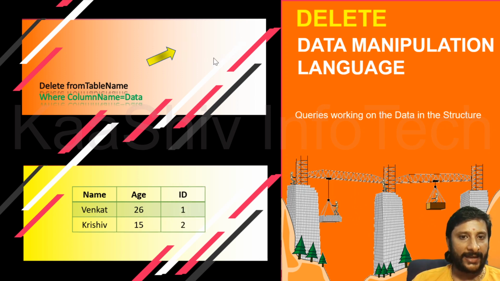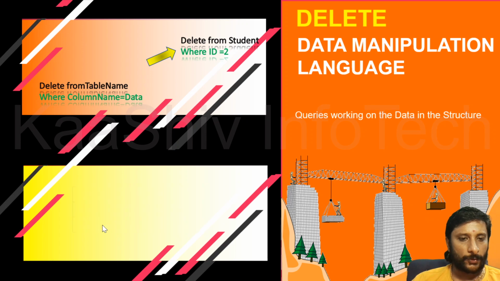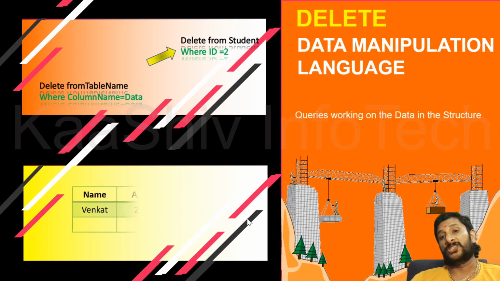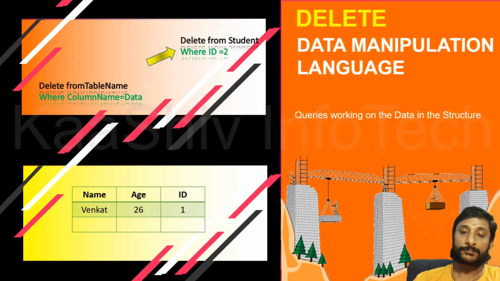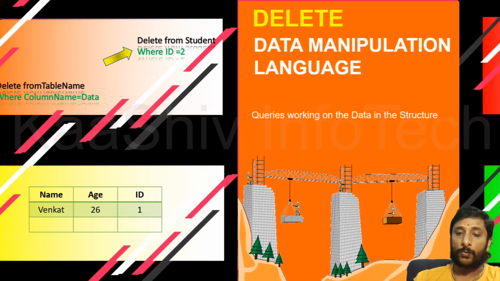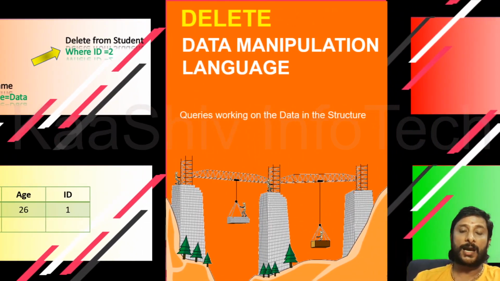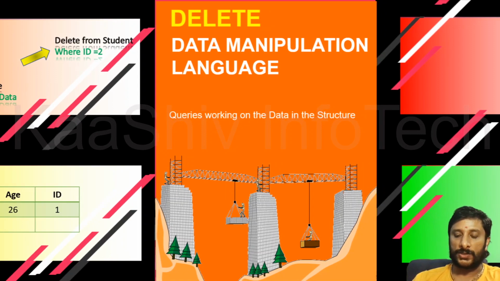I want where ID is equal to 2. Delete from student where ID is equal to 2. So obviously this particular data is removed. This is how your delete statement deletes the rows. This delete statement is part of your data manipulation language.